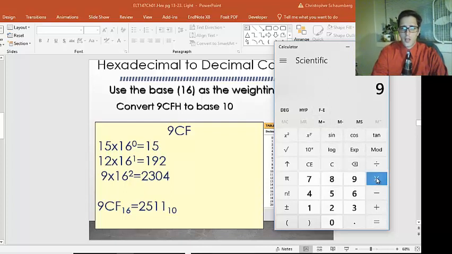And 9 times 16 squared is 2,304. We add that, and we get our answer, which is 2,511 in decimal. What? Wait, just a second.